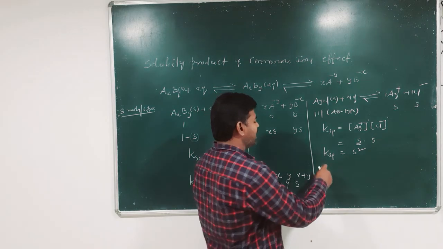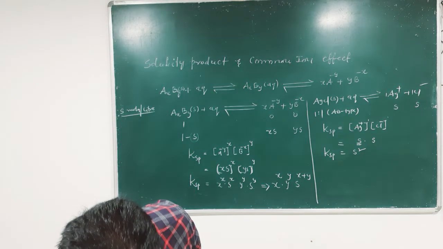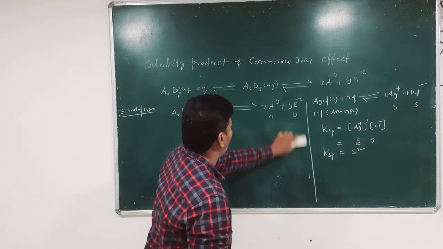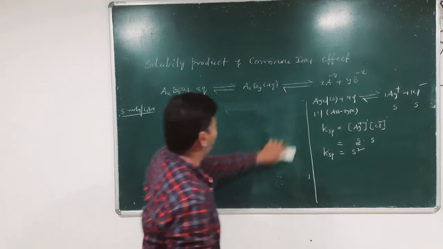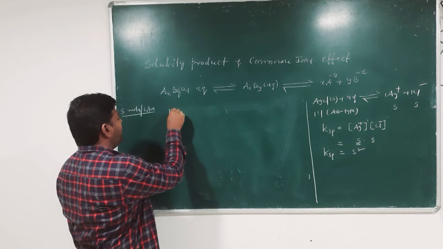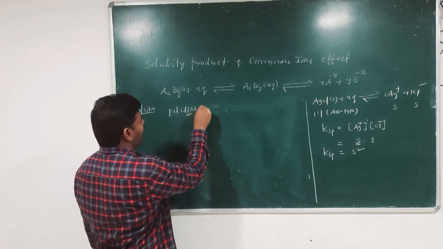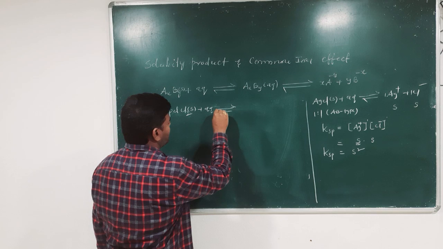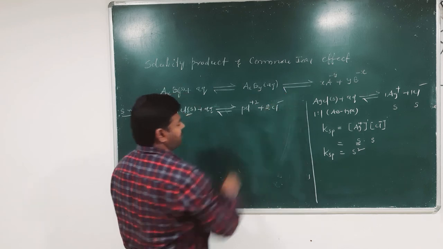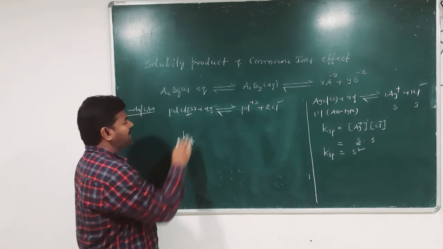Now, we shall calculate the solubility product for the AB2 type, for example PdCl2. It is a solid, and when dissolved in aqueous media, it establishes an equilibrium: Pd2+ and 2Cl-.